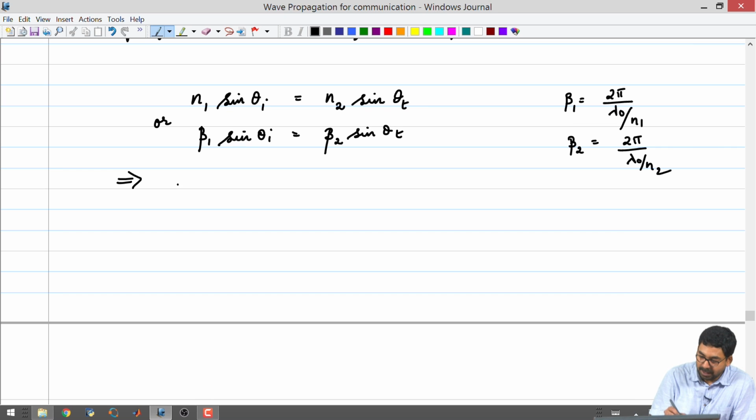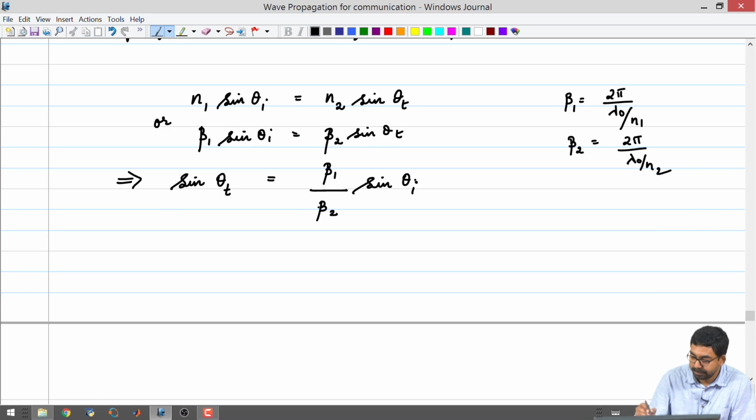So, we could say that sin theta t is beta 1 by beta 2 sin theta I, okay.